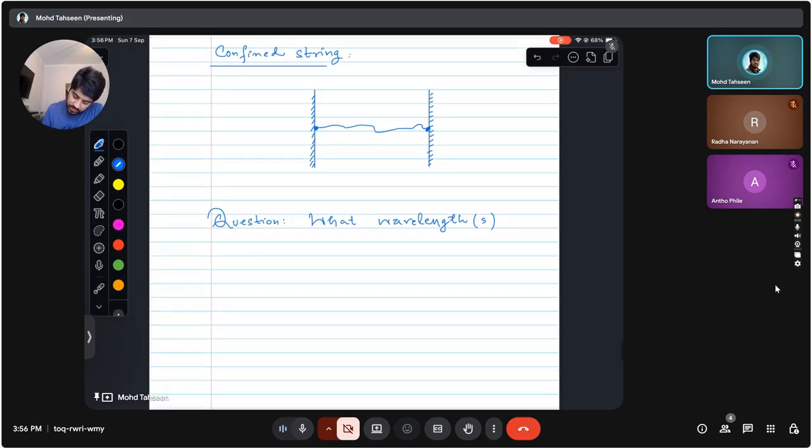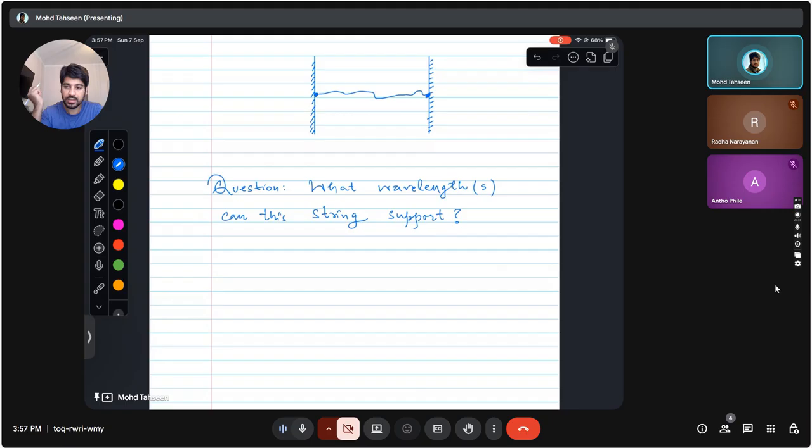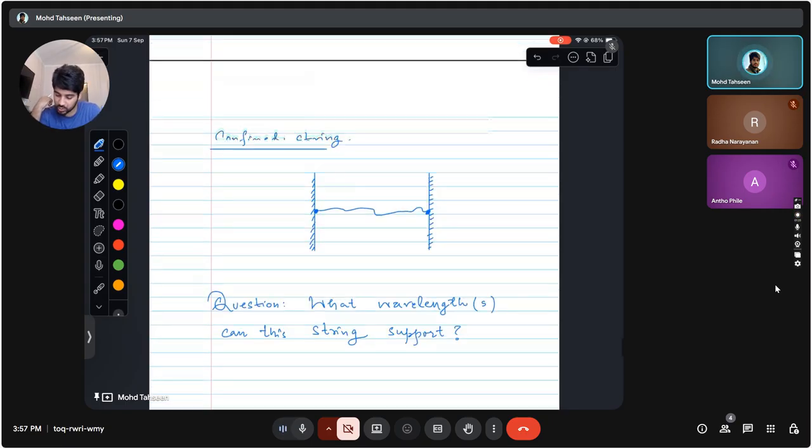So what wavelengths can this string support? In the earlier case, the answer was any shape. Does that answer change for this situation?